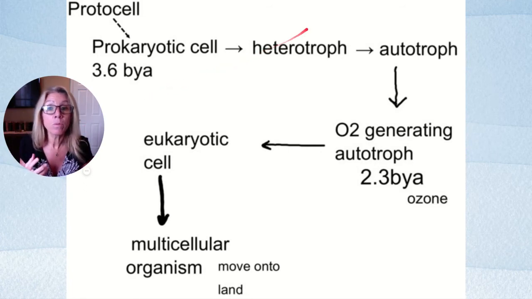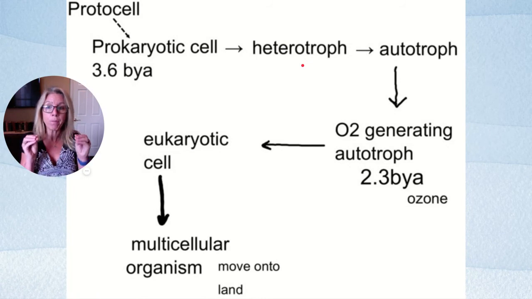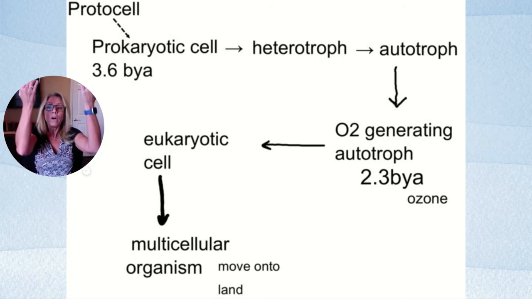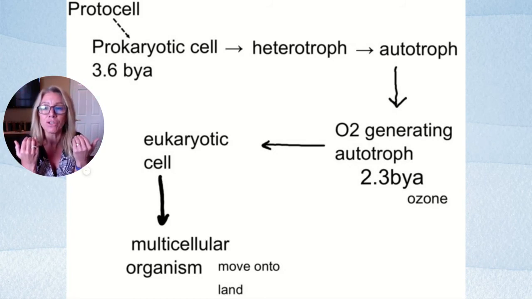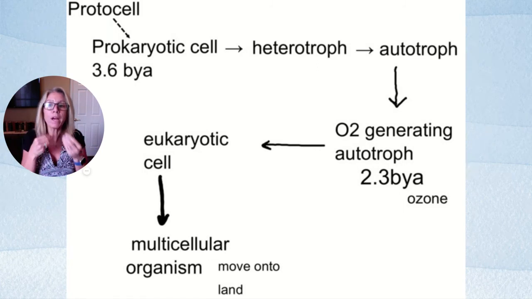That first cell was more than likely a heterotroph. Remember, we talked about ecosystems. Heterotrophs consume nutrients. It's easier to consume than to take inorganic CO2 and fix it into sugars. That's another whole step. So the first cell was probably heterotrophic, just consuming nutrients.